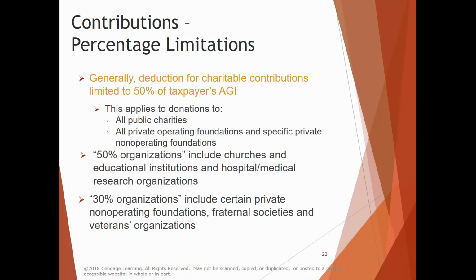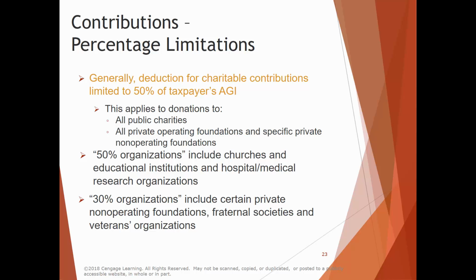So here's what I was talking about before, the limits on how much of your AGI you can give away in a year. The 501c3s, the nonprofit or exempt organizations, are split into two kinds: 50% orgs or 30% orgs. With 50% orgs, you can give away up to 50% of your AGI, and that's what most of us think of as a nonprofit.